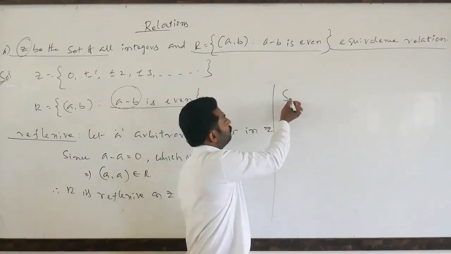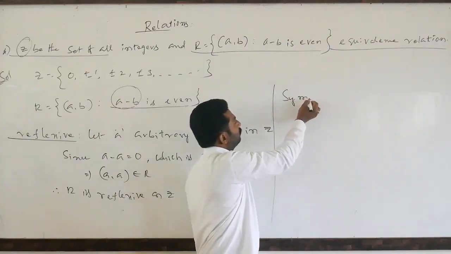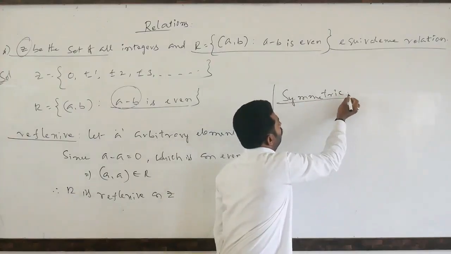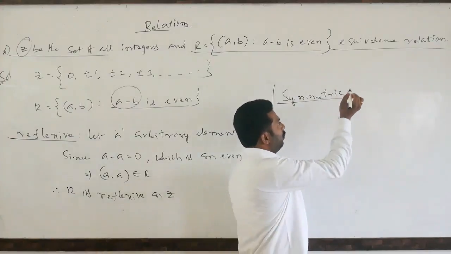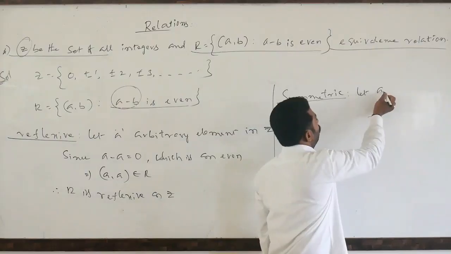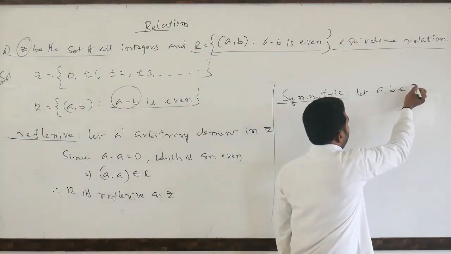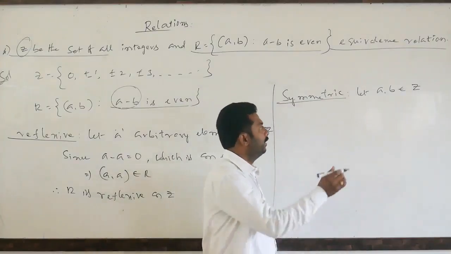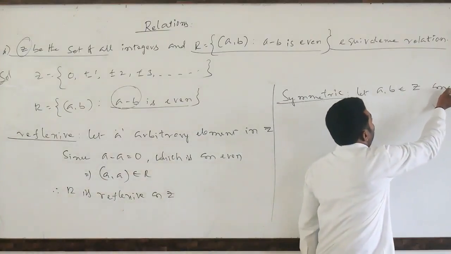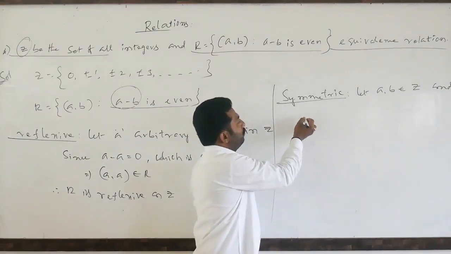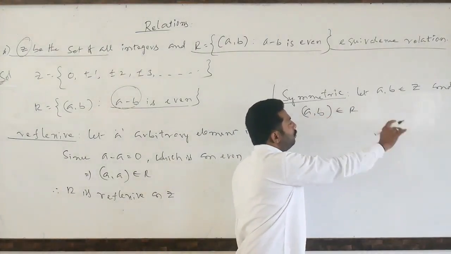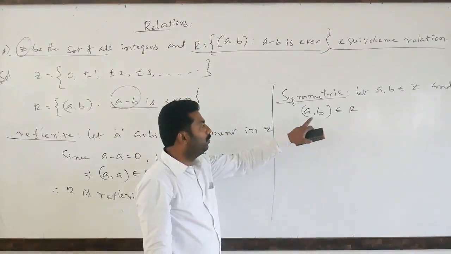See, in symmetric what do we have to prove? First we select A, B two arbitrary integers from Z. And also we have to assume there is a relation, (A, B) belongs to capital R. Then what do we have to prove?